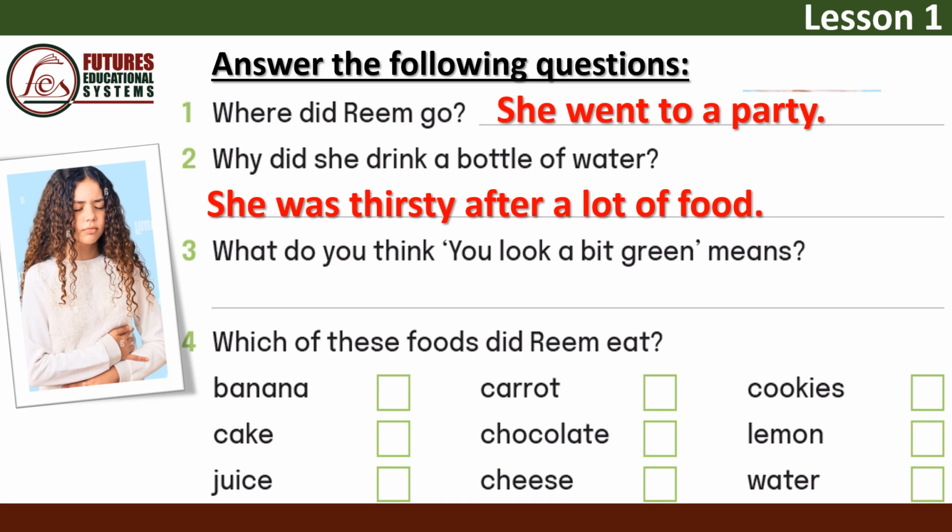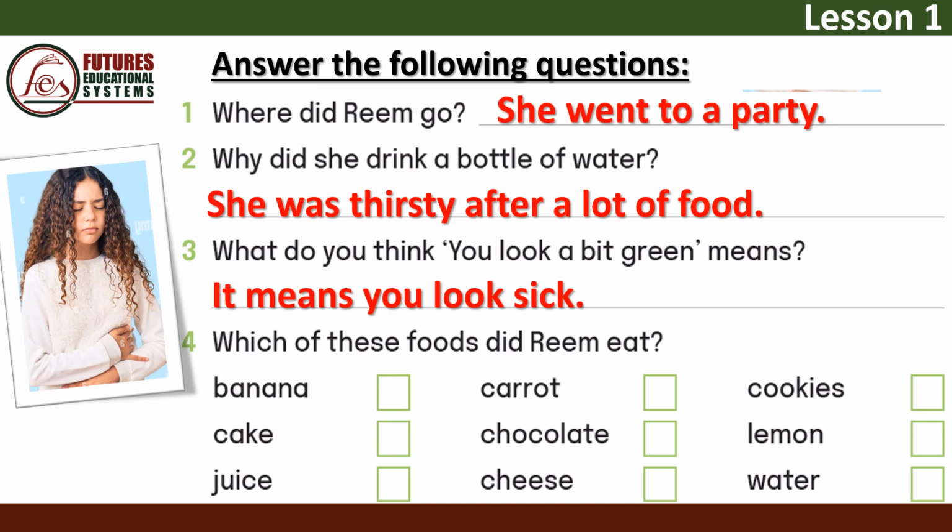Okay, number 3. What do you think "you look a bit green" means? Remember in the text, in the dialogue? Okay, it means that you look sick. You're not looking fine. Okay, question number 4. Which of these foods did Reem eat?